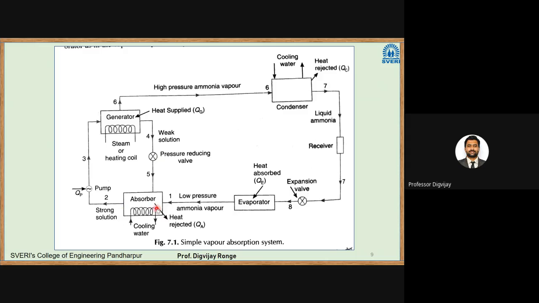While entering the absorber, we want to make sure that it enters at the pressure of the absorber, so the pressure reducing valve is used. After that, the weak solution passes to the absorber. In that way, this absorber circuit will complete, and outside is the ammonia or refrigerant circuit. So we have to deal with two circuits: the absorbent circuit and the absorbate circuit.